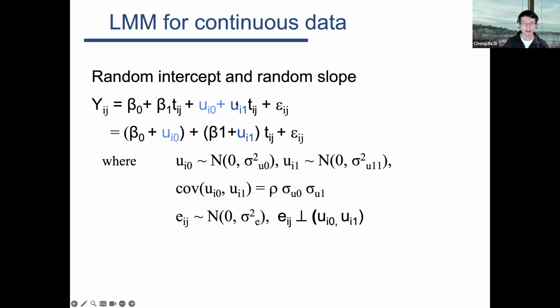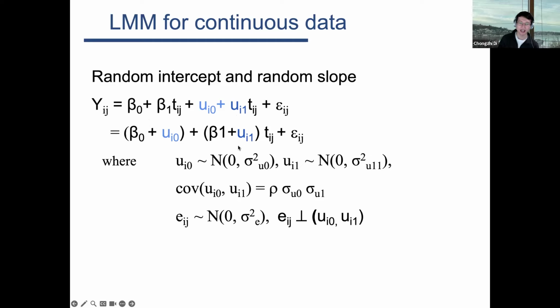So this allows the slope to change as well. If you regroup this equation, you can see that for the ith individual, the subject-specific intercept is beta 0 plus u_i0, and the subject-specific slope is beta 1 plus u_i1, right?